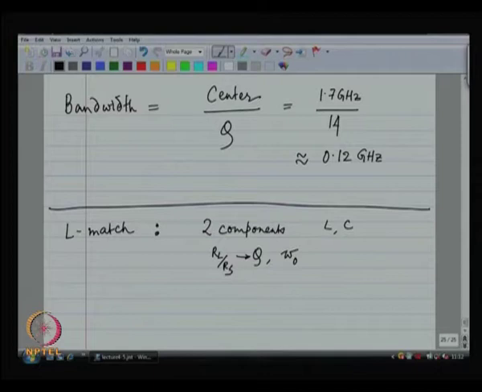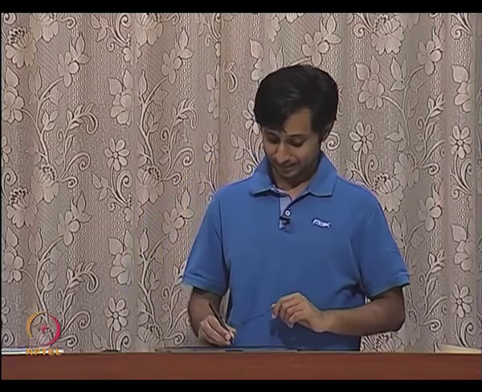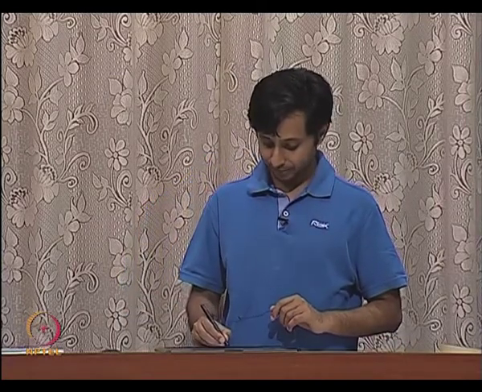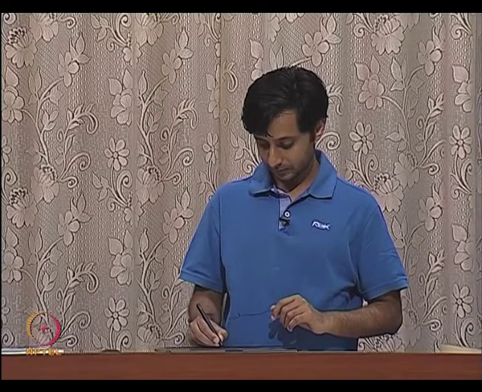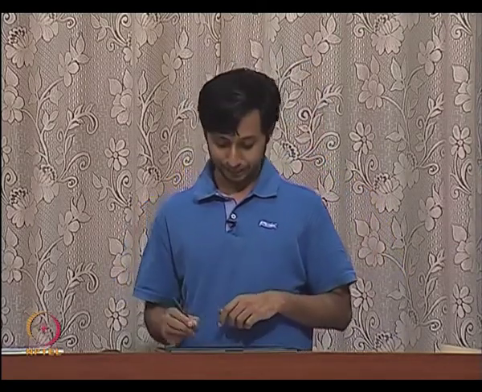So, what can we do? Well, the way I described it, the solution is simple. I need a matching network which has 3 degrees of freedom, which means there needs to be 3 components, not 2. So, if I have 3 components, then I will have 3 degrees of freedom.